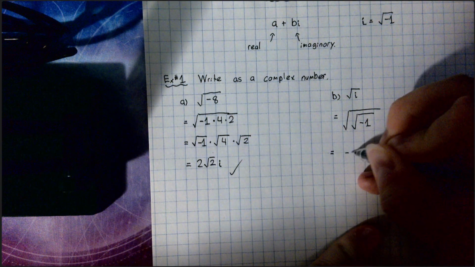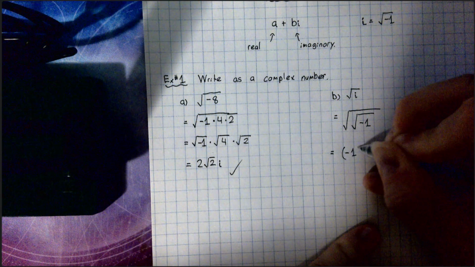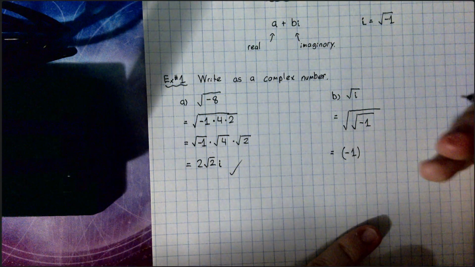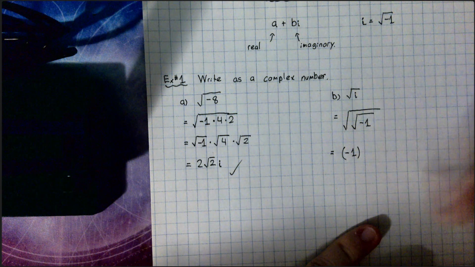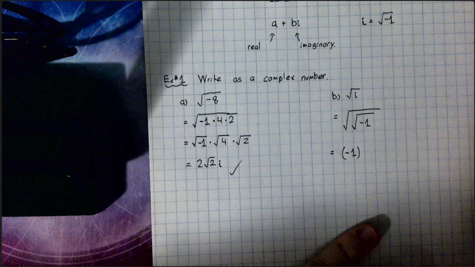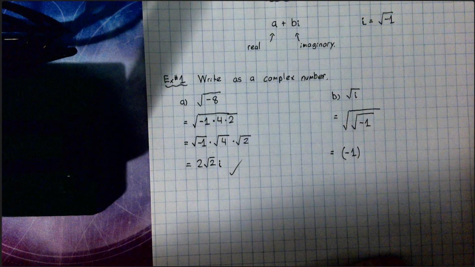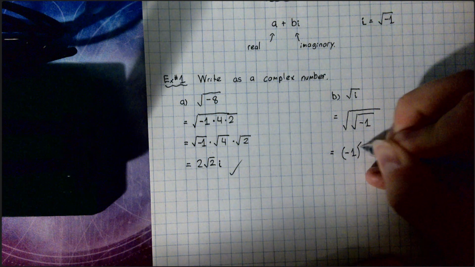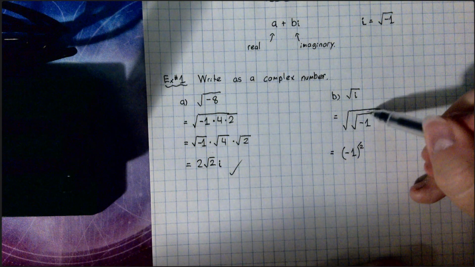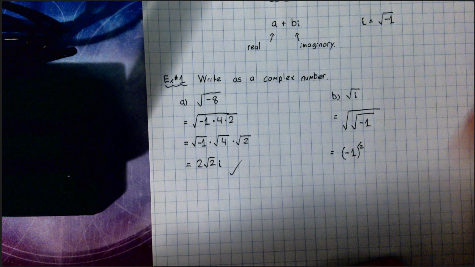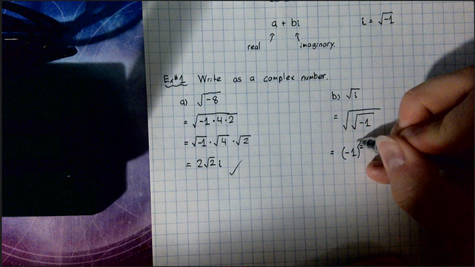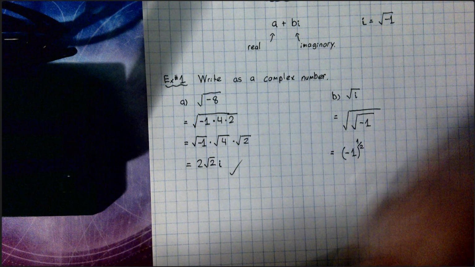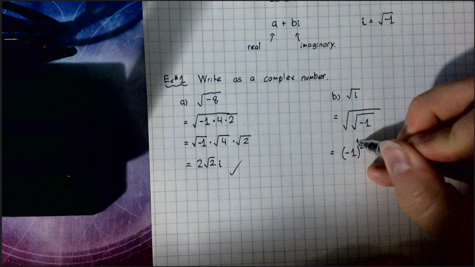So it's going to be -1 to the power of, and remember, when you rewrite a radical as an exponent, the index of the root, which isn't written here because it's a square root but is implied to be a 2, becomes the denominator of my power, and the exponent that I currently have, which is implied to be 1, becomes the numerator. So it's -1 to the power of a half.